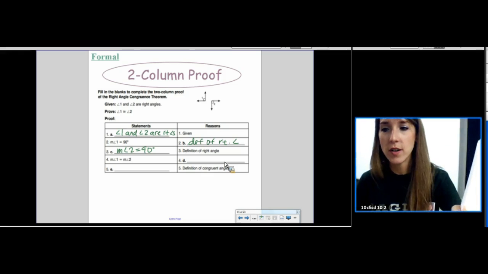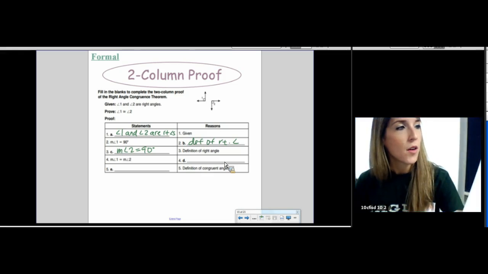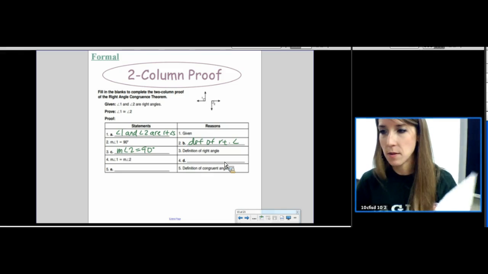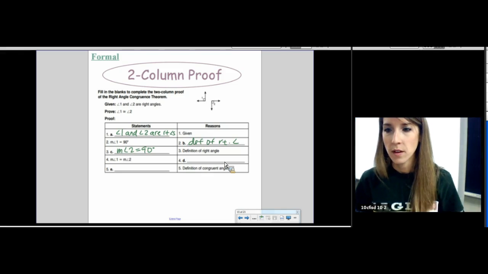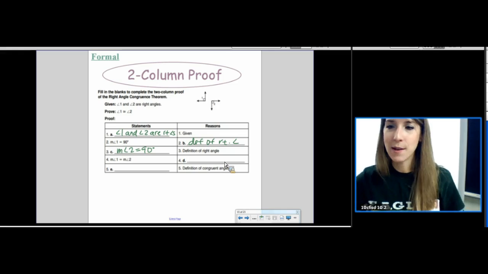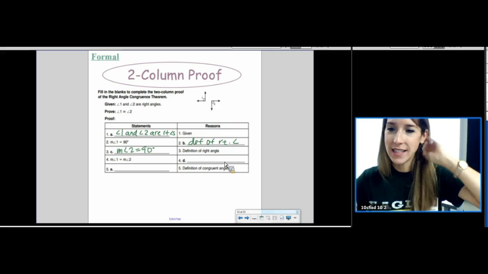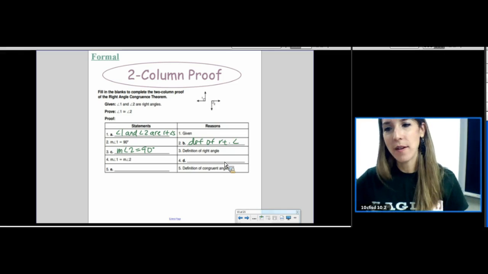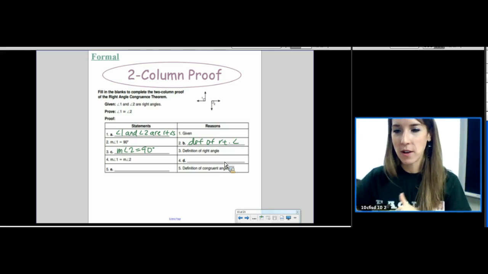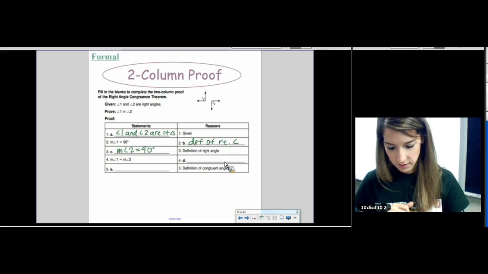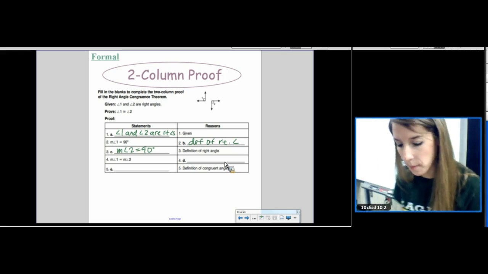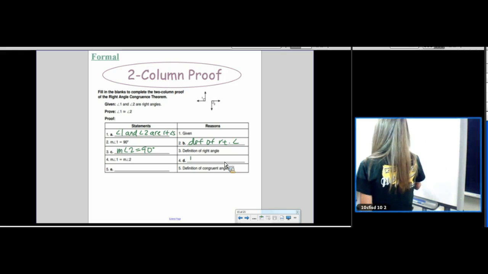No, for number 4, it's going to be 1 through 9. If A equals B and B equals C, then A equals C. If the measure of angle 1 is 90, and 90 is the measure of angle 2, then the measure of angle 1 equals the measure of angle 2. It is the transitive property. It's number 3, transitive.